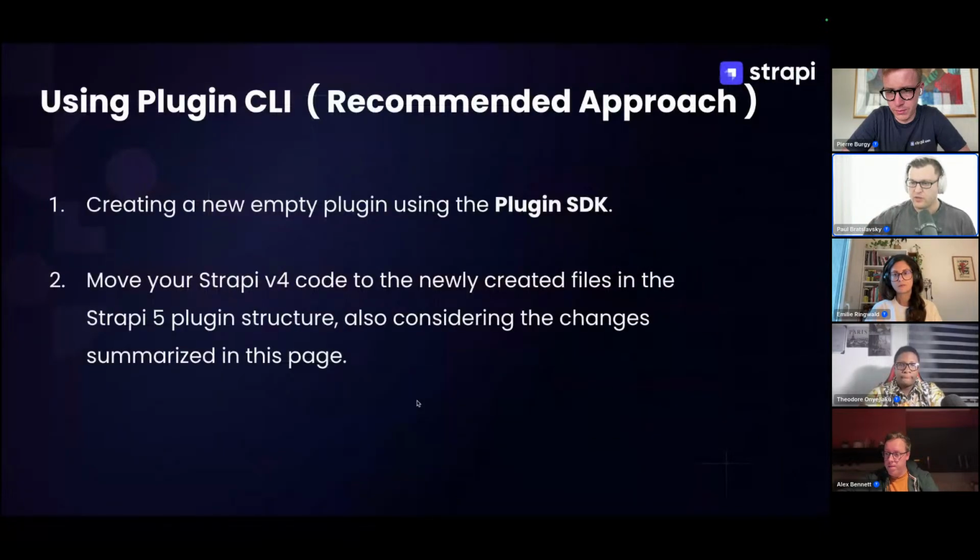But first, I just want to talk about the two different approaches that you have now, because so many things change in Strapi 5, like the way the build step works.